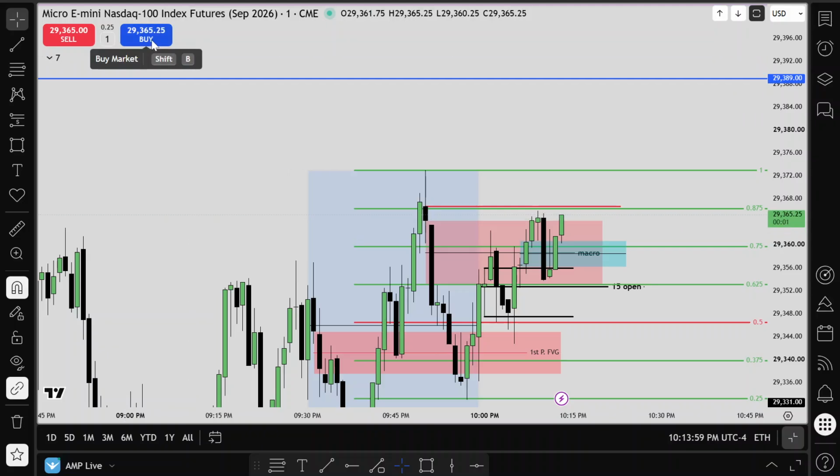If that closes outside of it, I'll buy it. Let that happen. We'll give it 30 seconds. Let the first 30-second candle form. See if it can trade above its opening price once.